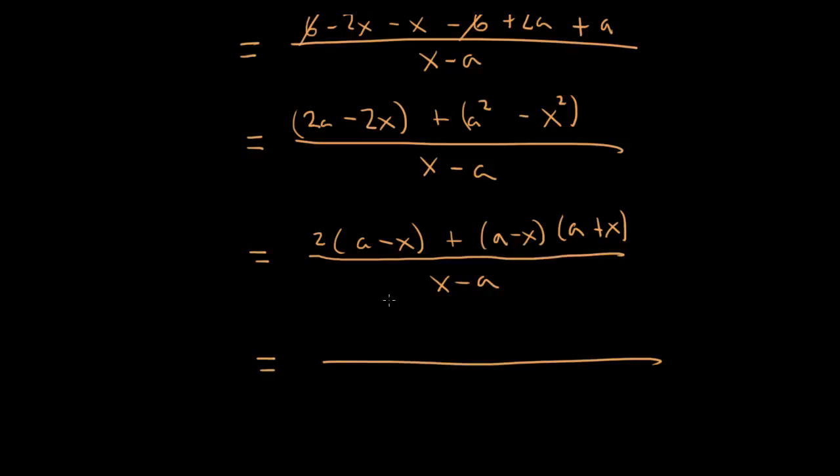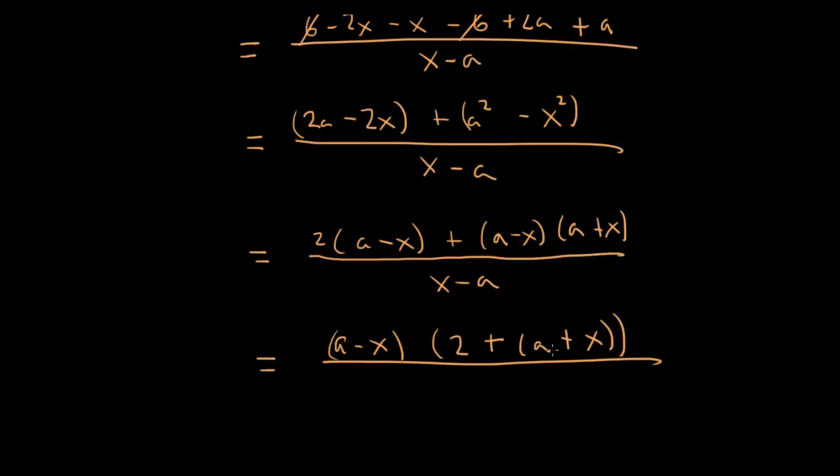The reason we factored by grouping is that now we can factor out of the entire numerator a factor of a minus x. So a minus x, and then what would be left over? There would be a 2 left over from here, and over here a plus x would be left over. So plus a plus x.